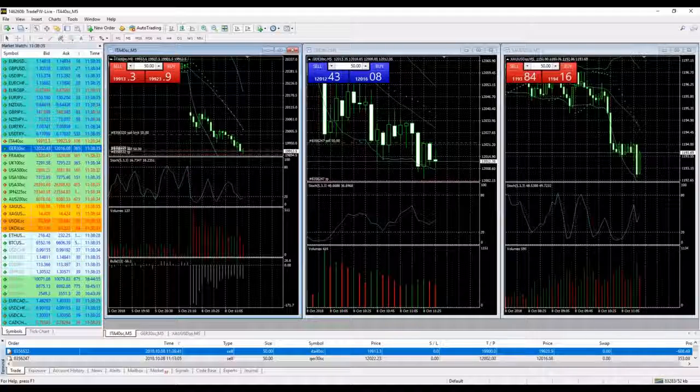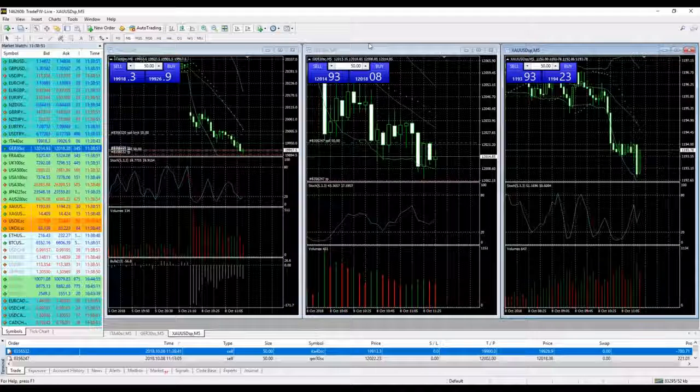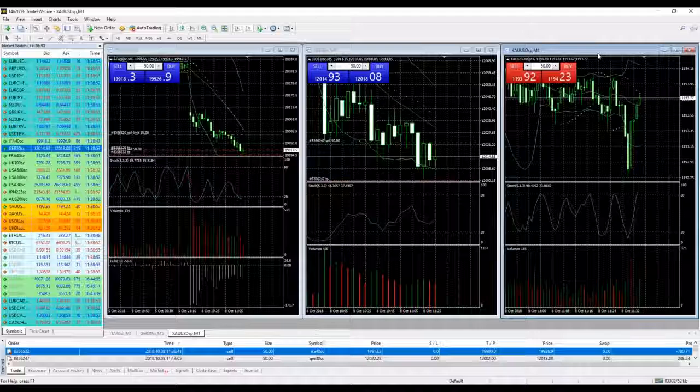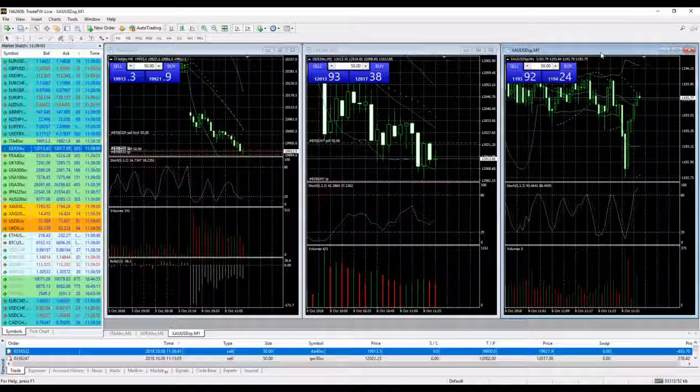So guys, I'm getting ready now for gold. I want to sell gold, but I want to wait until it goes up to 1,194, and then I want to sell it. We are very close to selling gold again, guys.